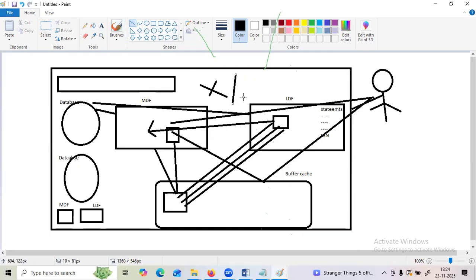checkpoint. In SQL Server, there is a little bit of confusion between the checkpoint and the lazy writer. We are going to clarify that here. Okay, so checkpoint.